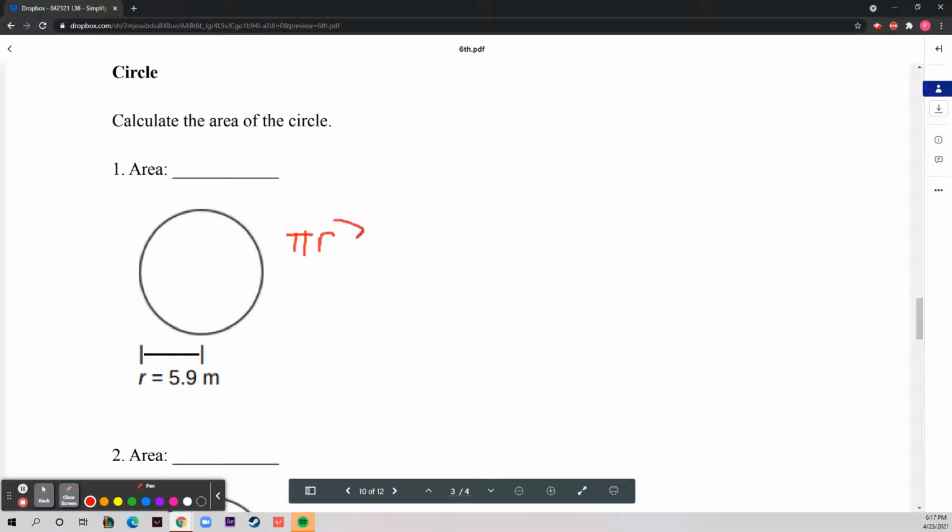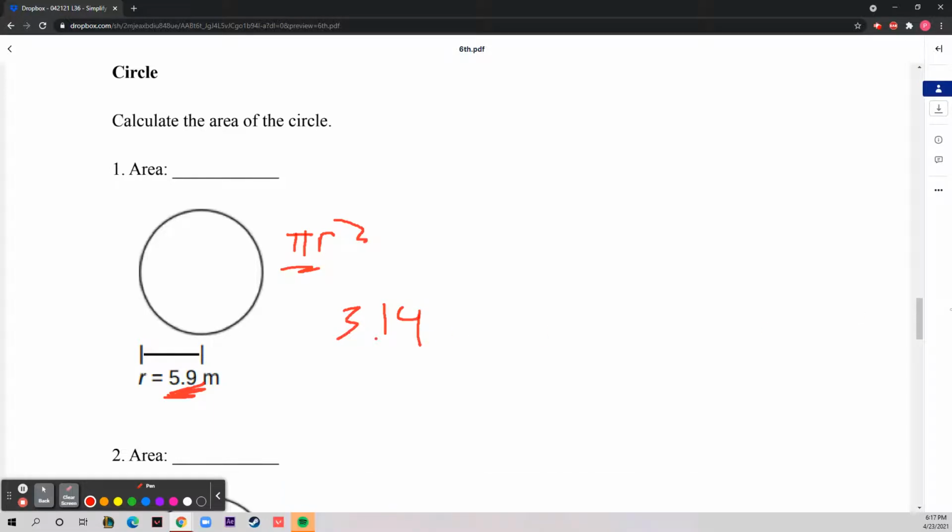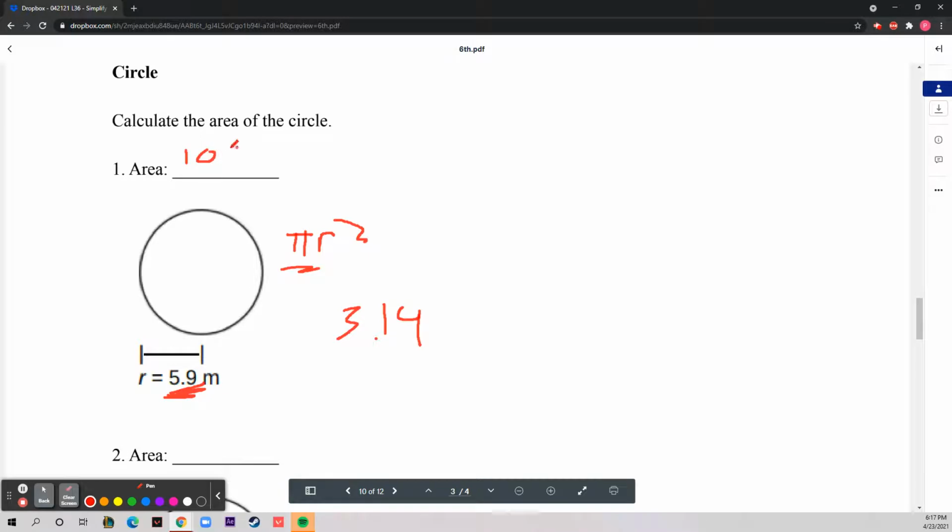So you square 5.9, and then you multiply by pi, either in a calculator or by 3.14, depending on what your teacher tells you or what the instructions say. In this case, you would get 109.3 meters squared, because it's asking for area, so you have to have a squared unit.